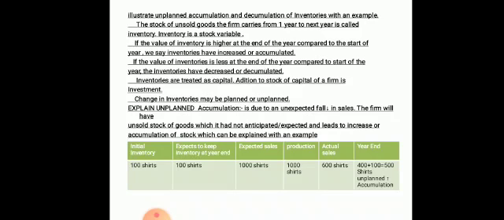So initial inventory is 100 shirts and it wants to keep at the end the same 100 shirts as stock, and it is expecting to sell 1000, so it produces 1000 shirts but is actually able to sell only 600 shirts. There is an unexpected fall in the sales, it leads to unplanned accumulation, unplanned increase in the stocks.